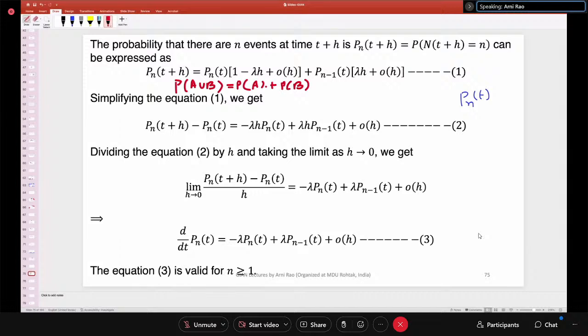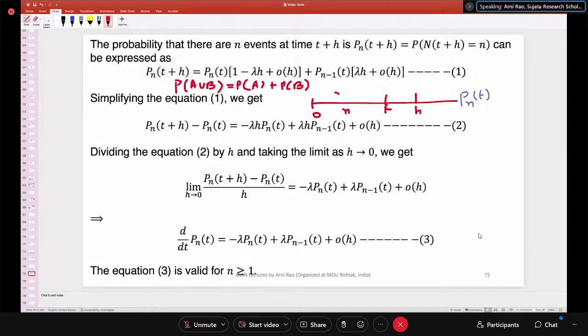We're using that. So the probability that there are n events up to time t+h equals the probability of n events up to time t, and so on. Take an interval starting at 0, with t and then t+h. From 0 to t there are n events, and from t to t+h there are no events, because you want n events up to time t+h.